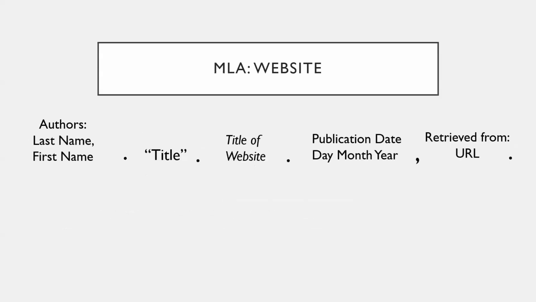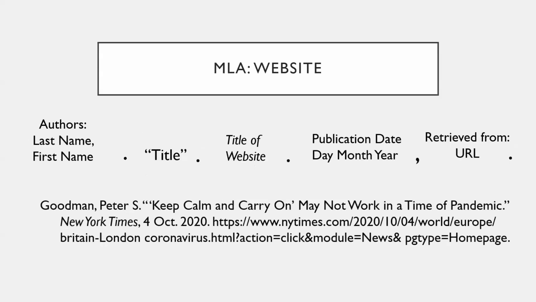And that is APA, and this is what MLA looks like. So we have the author, first name, last name, and then in quotations the title of the newspaper article, which is in title case, like it is on the newspaper's website. So we have Keep Calm and Carry On, May Not Work in a Time of Pandemic, period, quotation.